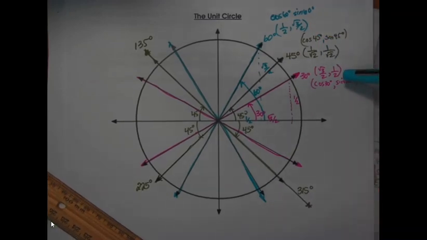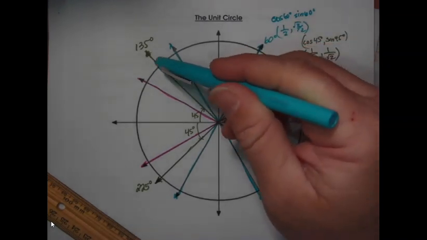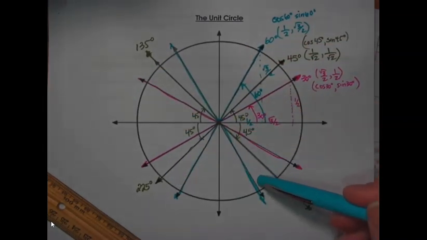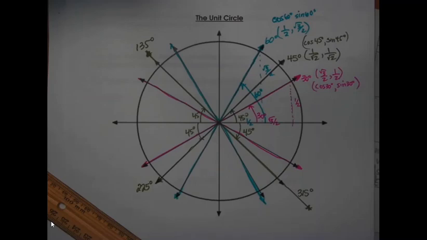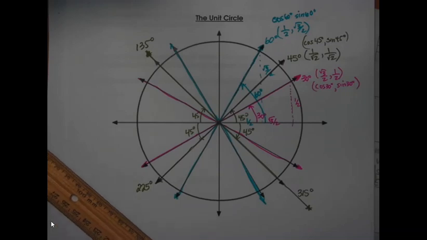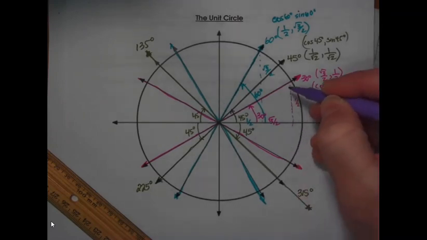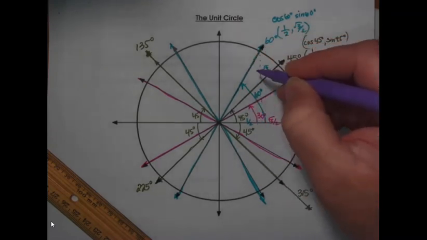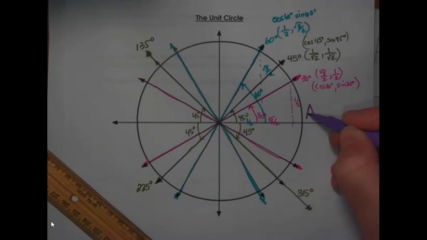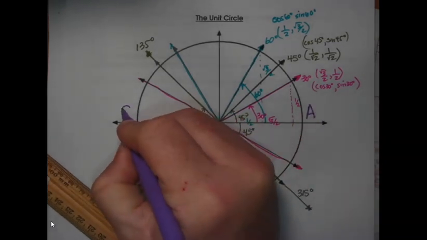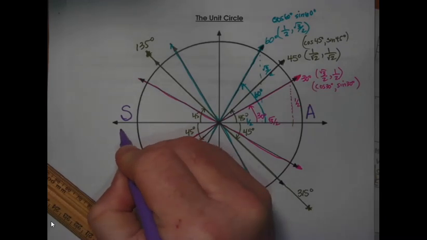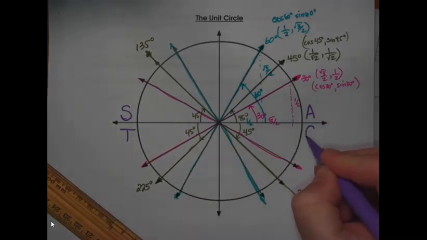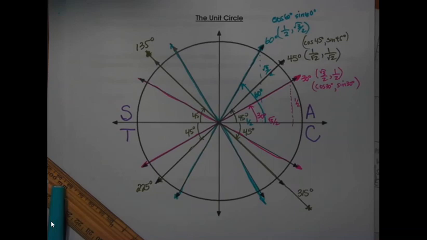So to find all the rest of these points over here, and over here, we're going to use CAST law. I'm trying to find a different marker here. All right, so we know all are positive here, sine is positive here, tangent is positive here, and cosine is positive there.